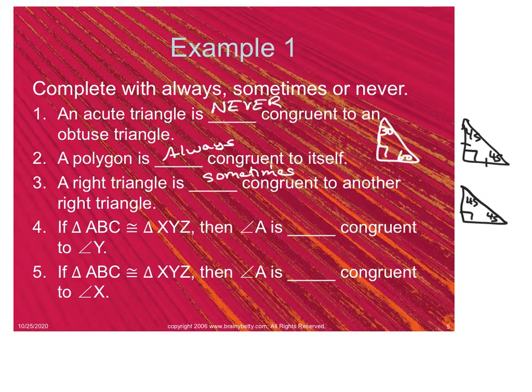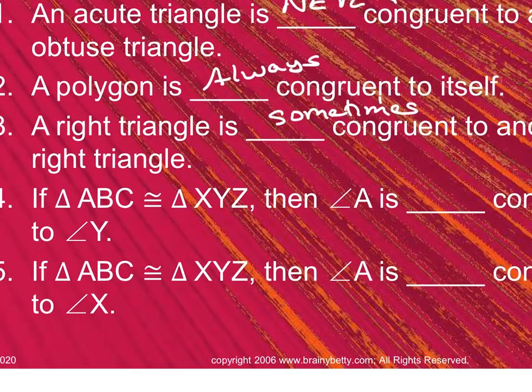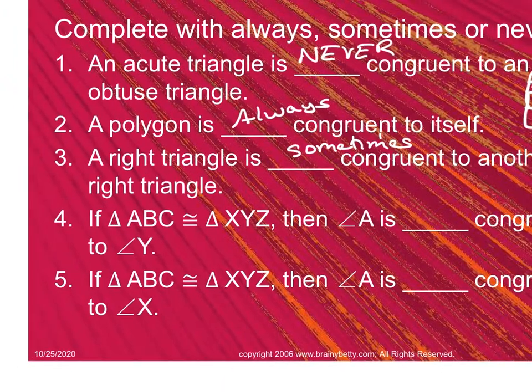The next one, if triangle ABC is congruent to XYZ, then A is blank congruent to Y. Now remember how I showed you how everything matches? So remember, A would match with X, and then B would match with Y, and C would match with Z. Now, this is a trick question.